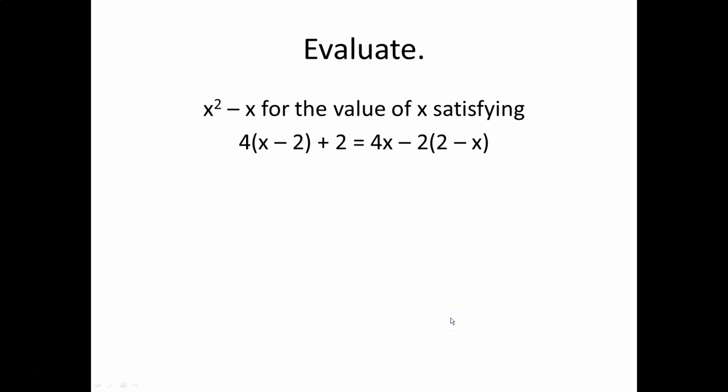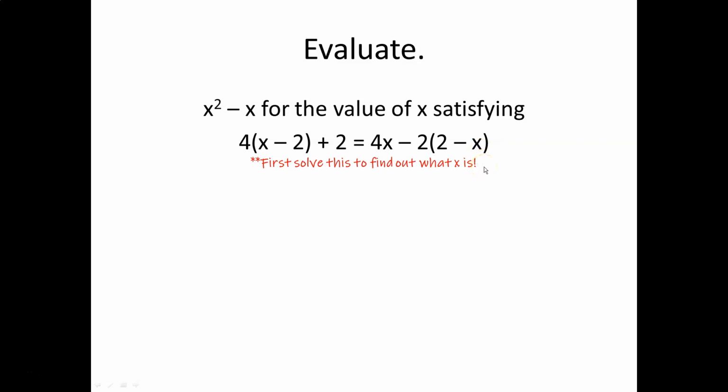So, here's a question for you. Evaluate x squared minus x for the value of x satisfying this big equation here. First, we're going to solve this equation here to find out what x is.